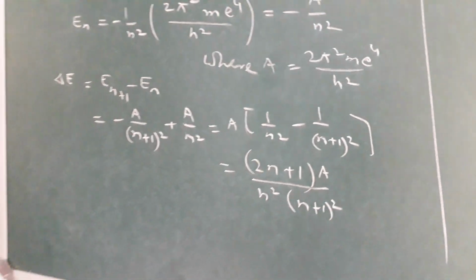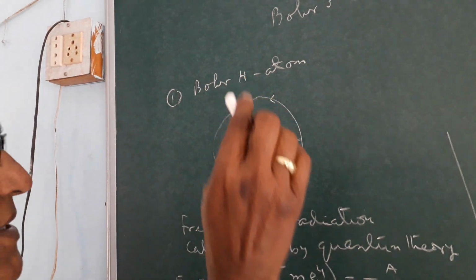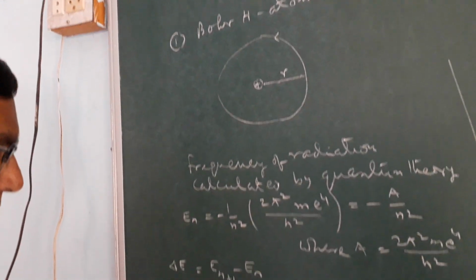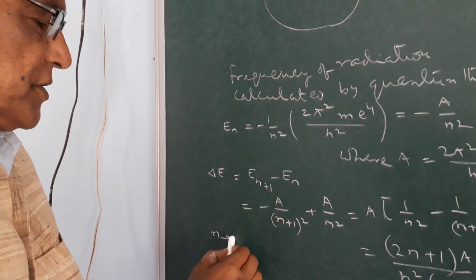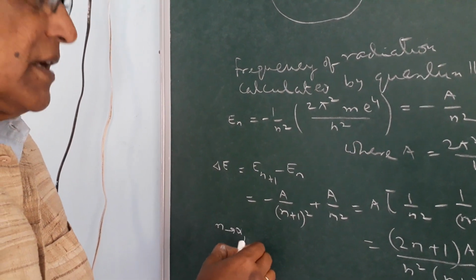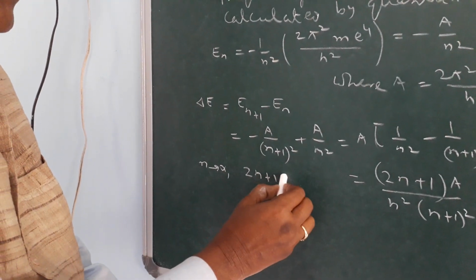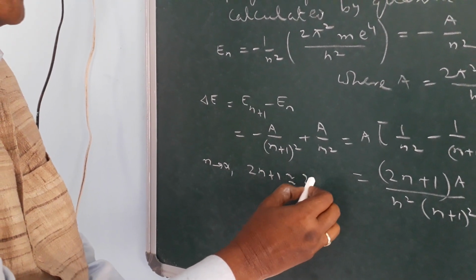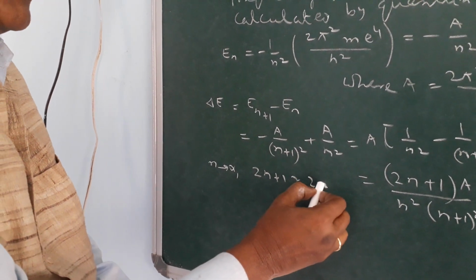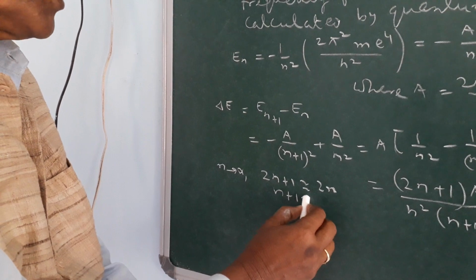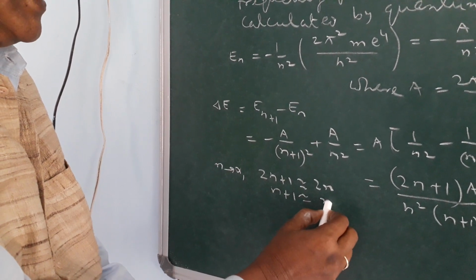Now if we take the condition that n tends to infinity, meaning very large, then 2n plus 1 we can write as almost equal to 2n, and n plus 1 almost equal to n.